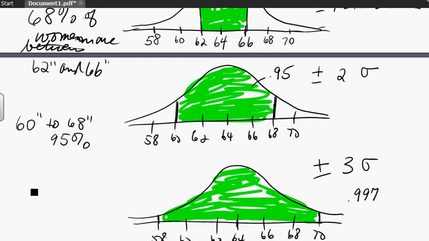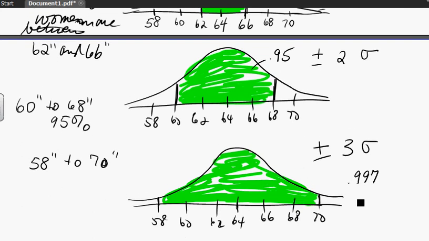And what percent of women are between, now we got 58 to 70 inches. 58 is 4 foot 10. 70 inches is 5'10". What percent of women meet that category?